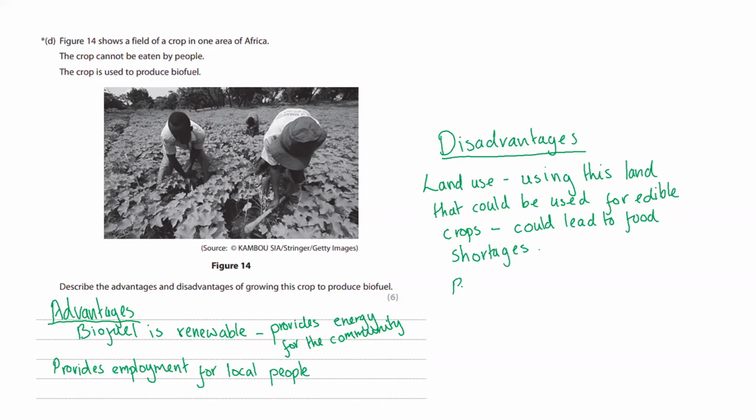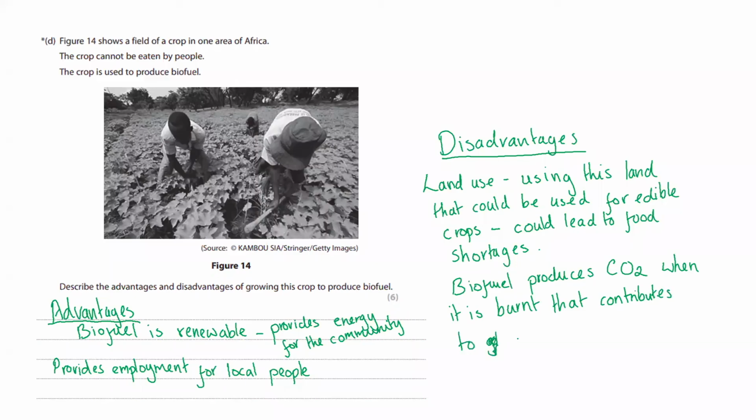Okay, also biofuel, when it's burned, actually does still produce carbon dioxide, CO2, and that contributes to global warming. I'll say climate change, it'd be more broader.